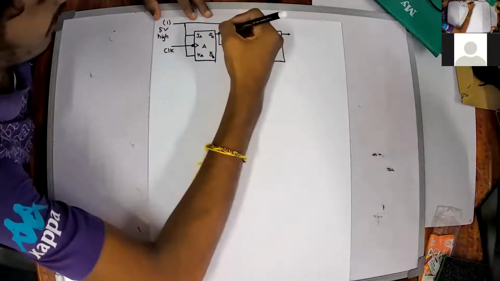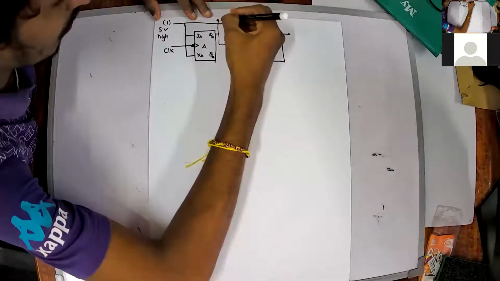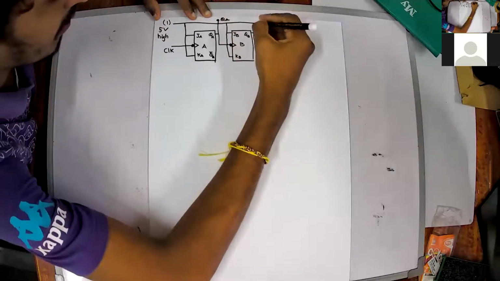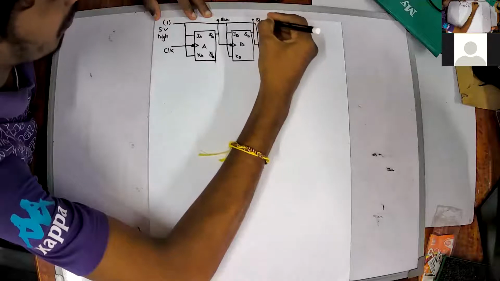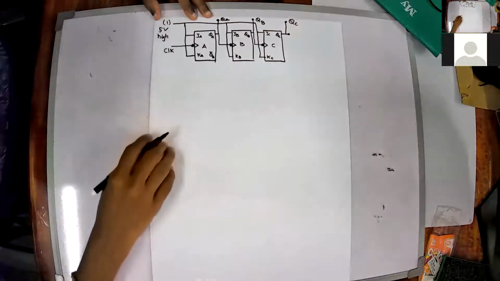So if we get the output from here, this will be my QA, this will be my QB, and this is my QC.